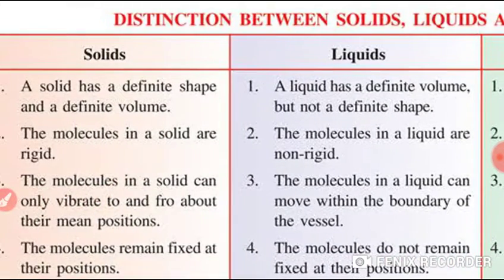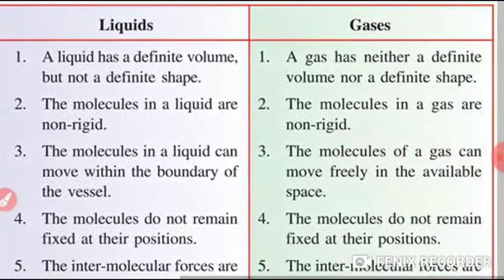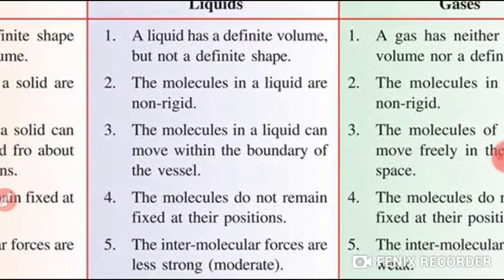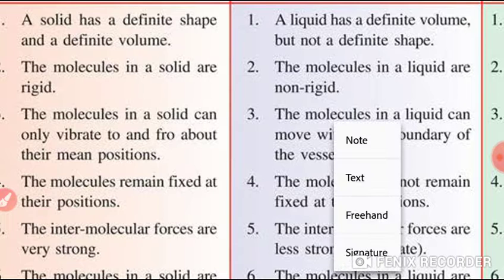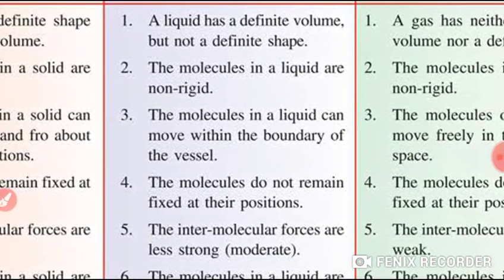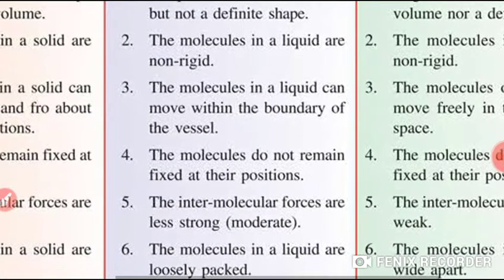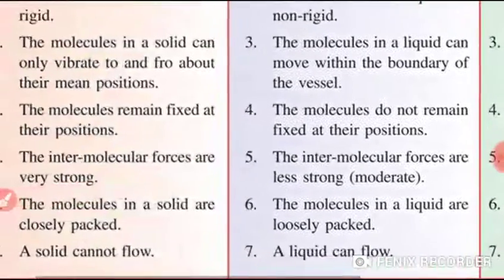The molecules in a solid are rigid, while in liquids and gases they are non-rigid. Molecules in a solid can only vibrate to and fro about their mean position, while in liquids molecules can move within the boundary of the vessel. In gases also the molecules can move freely in the available space.